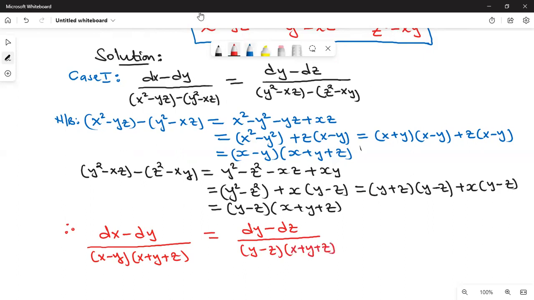Now you see x plus y plus z will cancel with the other x plus y plus z. So this can now be written as dx minus dy over x minus y is equal to dy minus dz over y minus z.